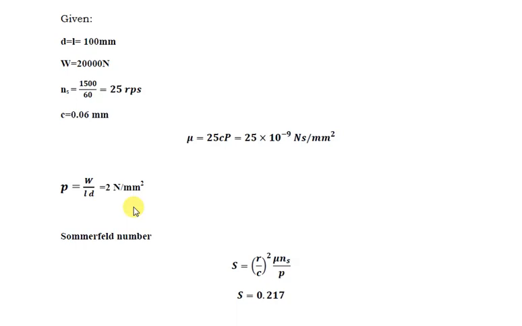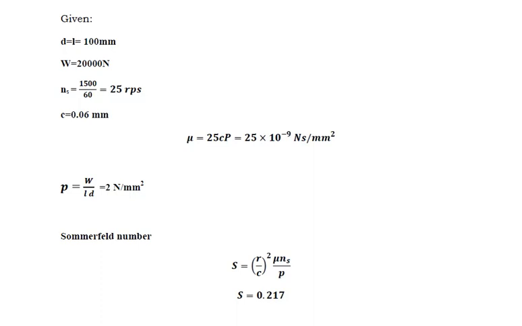As small p and mu are provided, we can calculate the Sommerfeld number. So Sommerfeld number capital S is equal to (r/c) bracket square mu Ns upon small p. So put the values and then we will get S is equal to 0.217.